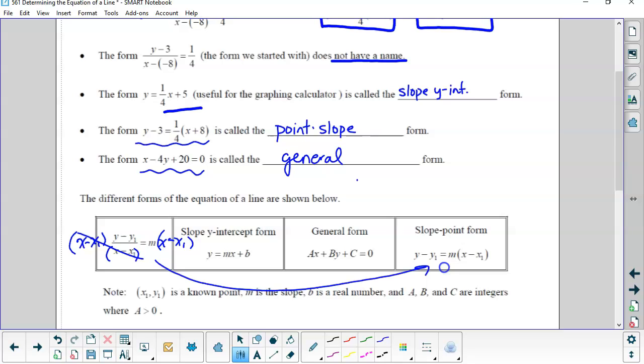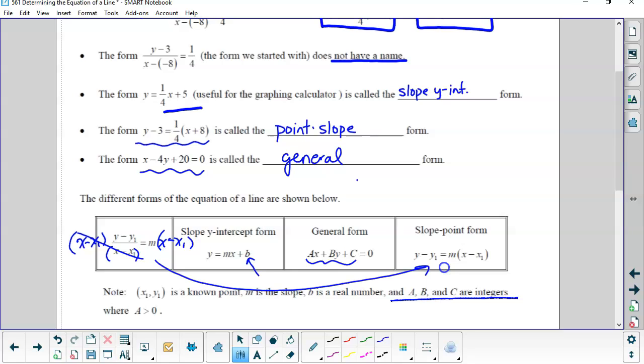So x1, y1 is a known point for all of these. M is the slope. B is a real number, okay, and that represents the y-intercept. And then here, what's important in these ones is A, B, and C are integers. So say, for example, you get A, B, and C to be a fraction or a decimal.